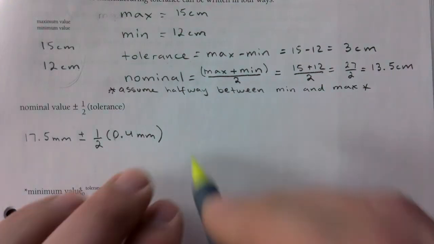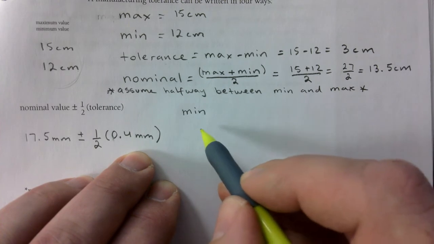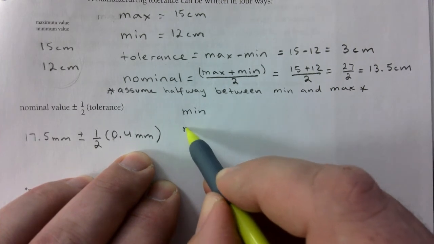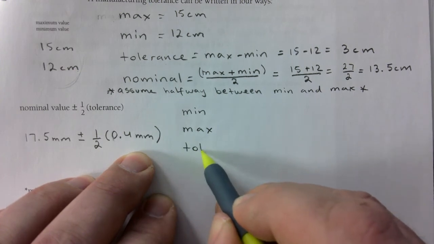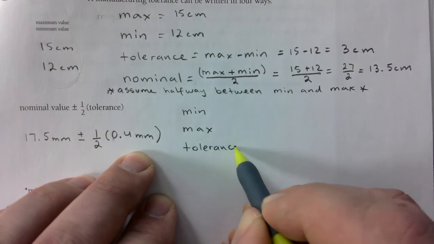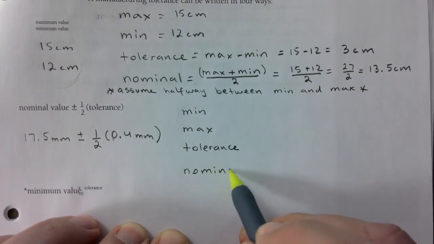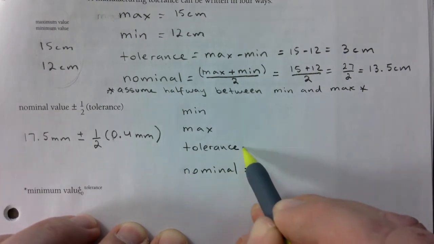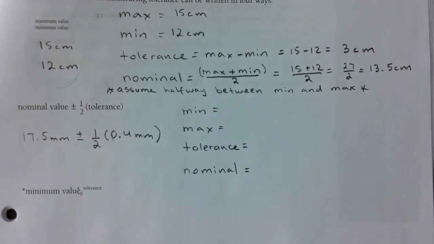I want you to think, Mr. Dirksen told me that I can get my min. Oh, I'm mixing it up a little bit, but it doesn't matter. Min, max, tolerance, and the nominal. You should be able to answer these four every single time. Okay.